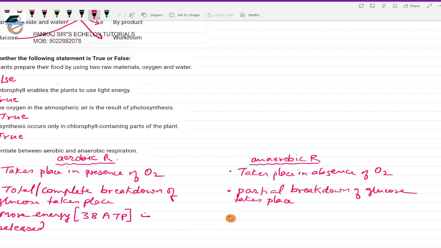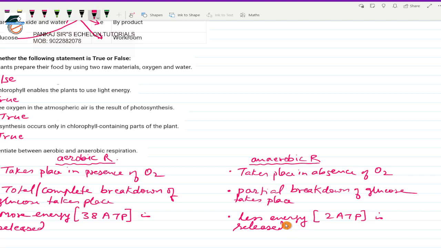And here in anaerobic respiration, less energy is released. In fact, it is just 2 molecules of ATP. Okay, fine. So these are the 3 points of difference between aerobic and anaerobic respiration, and I think that's enough. Now coming to the next question.